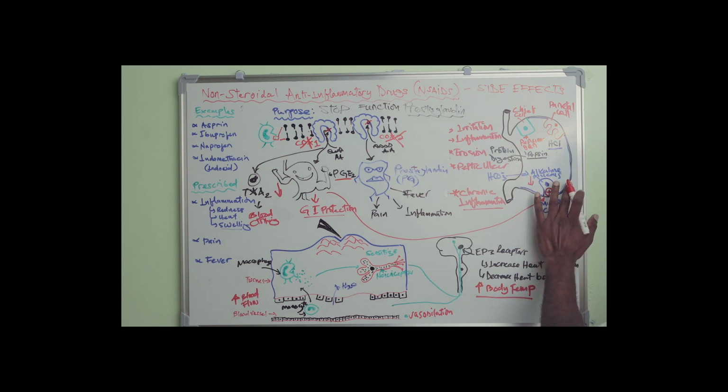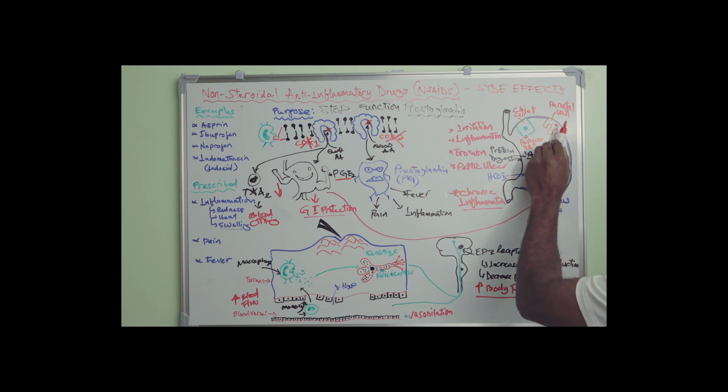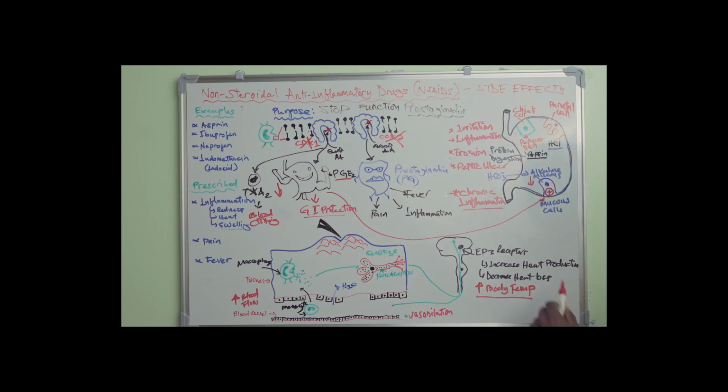When you have less mucus, less than 3 mils or 1 mil, then this pepsin and hydrochloric acid will start to irritate the lining of the stomach. That can lead to irritation, inflammation, erosion, and eventually you will develop a peptic ulcer.